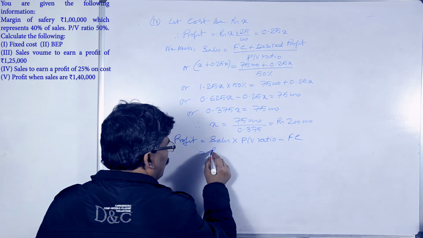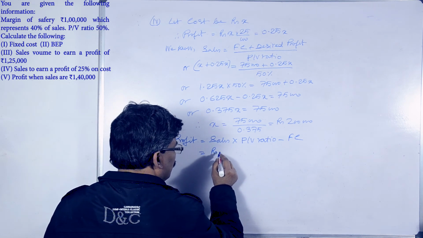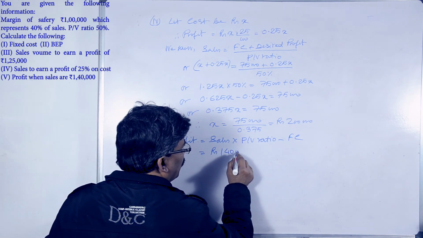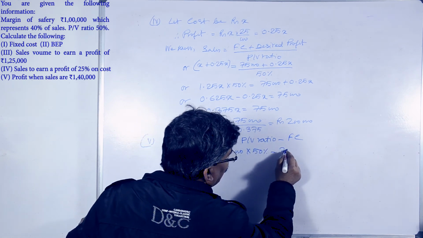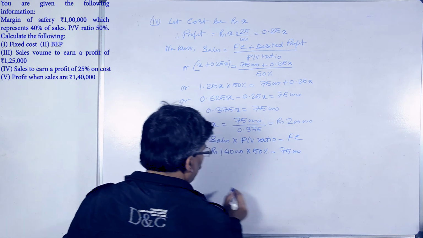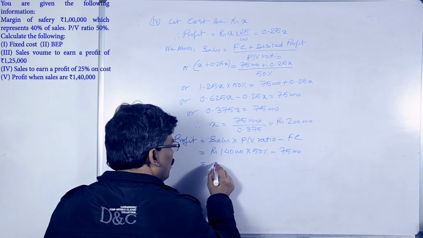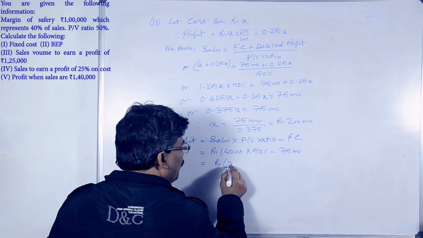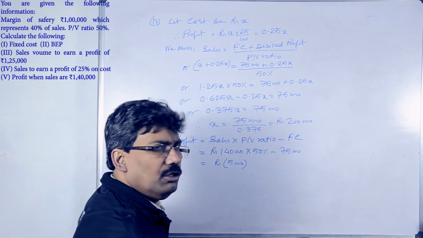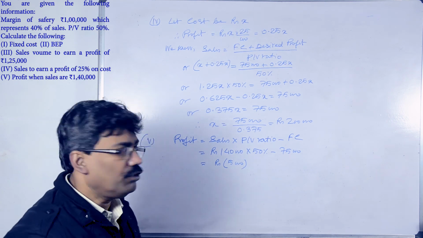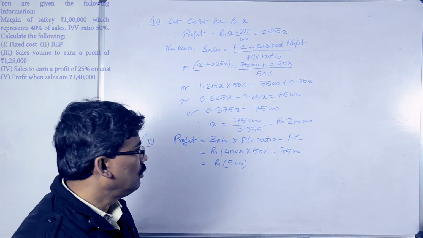Then sales is rupees 1,40,000 into PV ratio is 50%, minus 75,000 is fixed cost. Then in this case we are getting negative 5,000 profit, means it's a loss of rupees 5,000. No profit is earned, loss is suffered by rupees 5,000.